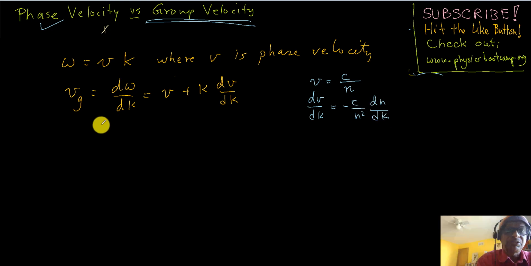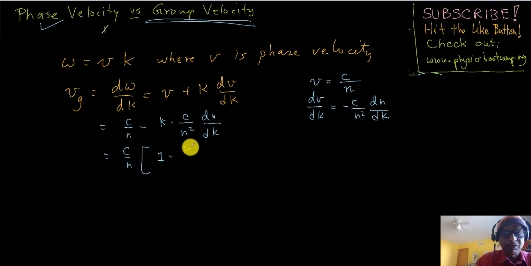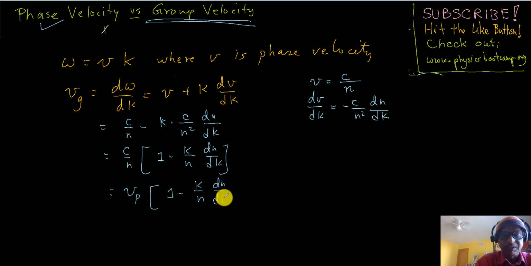So this will be equal to c over n minus k times c over n square dn dk. So c over n, 1 minus k over n dn dk. Let's call c over n the phase velocity now.